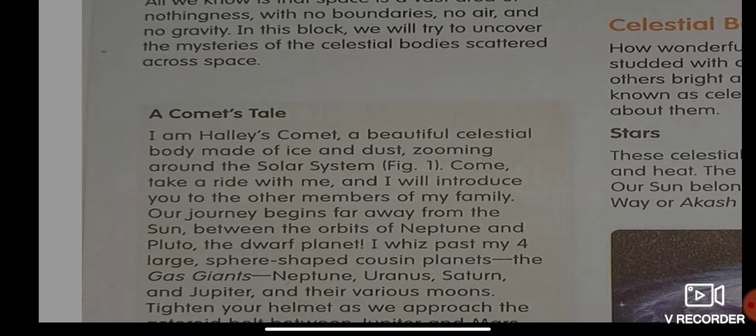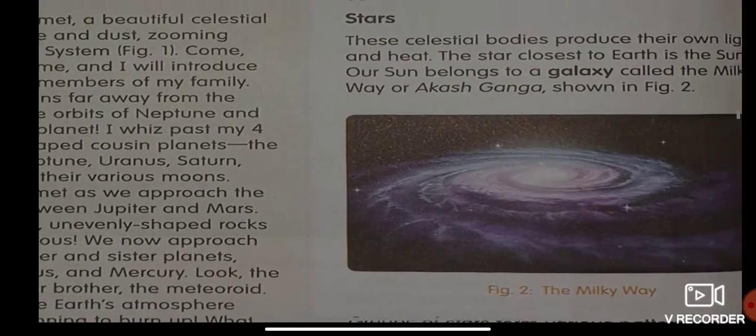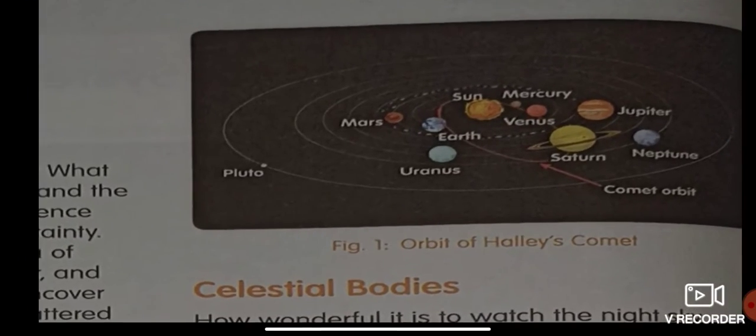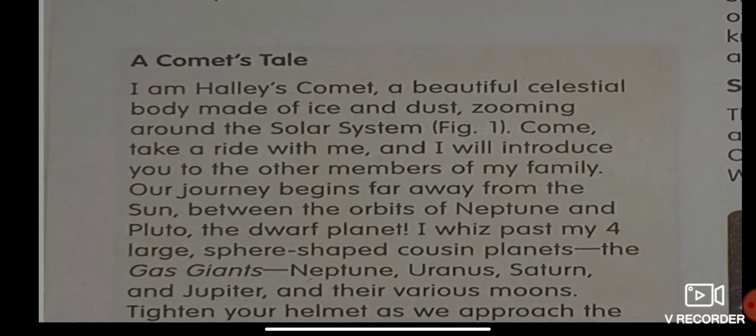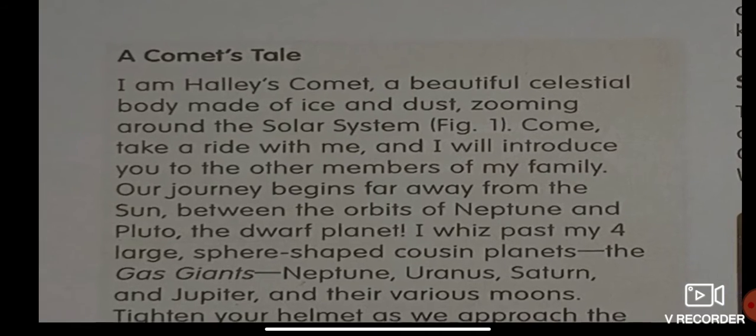I am Halley's Comet, a beautiful celestial body made of ice and dust, zooming around the solar system. Figure 1 shows the orbit of Halley's comet. Come, take a ride with me and I will introduce you to the other members of my family.